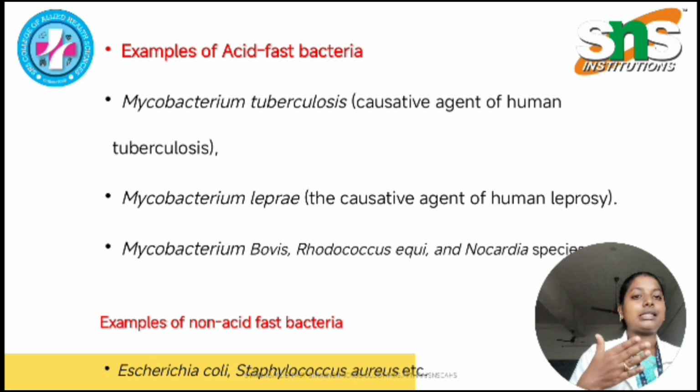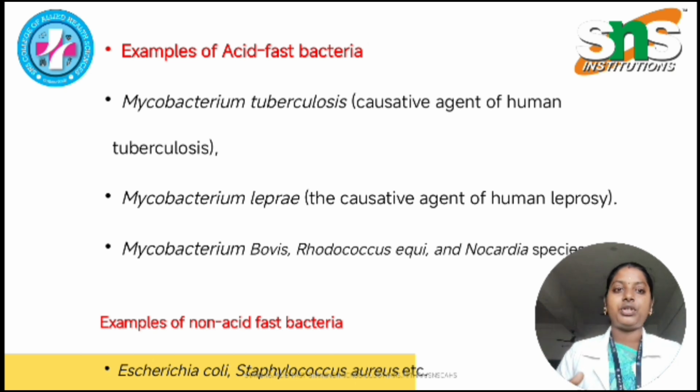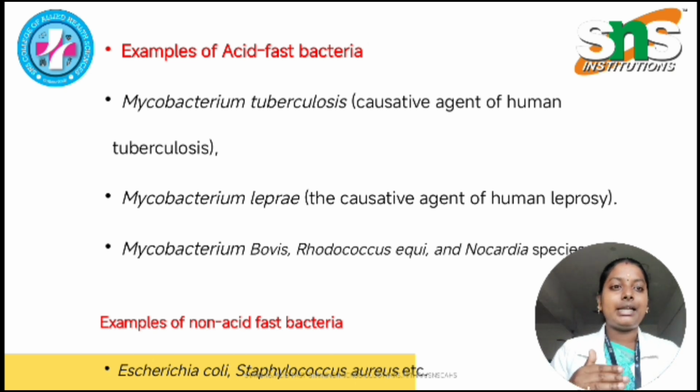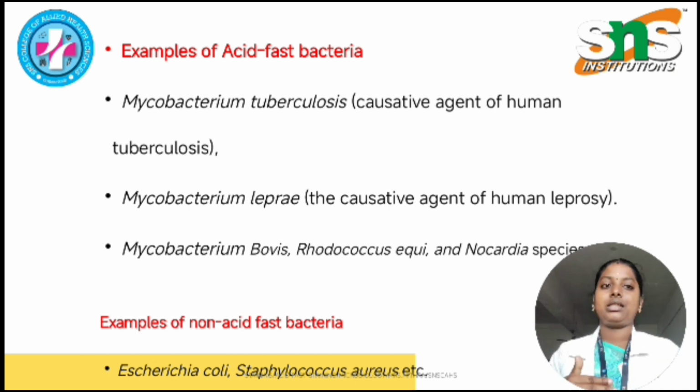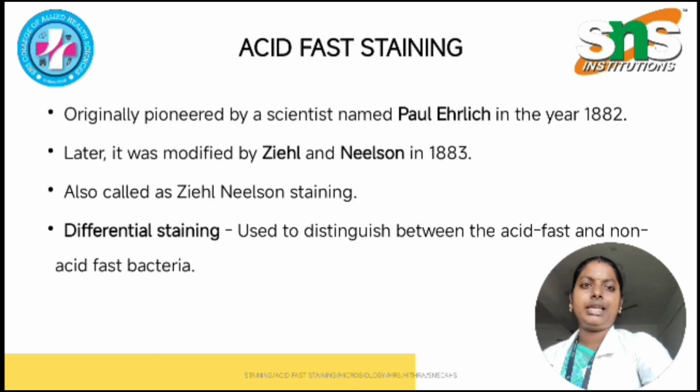Examples of non-acid fast bacteria are E. coli, Escherichia coli, and Staphylococcus aureus, because they lack mycolic acid in their structure, whereas acid fast bacteria have mycolic acid.